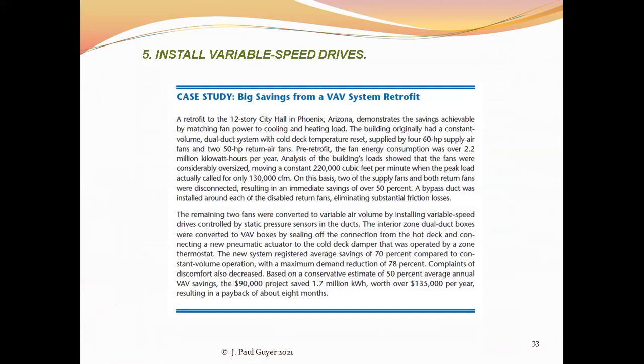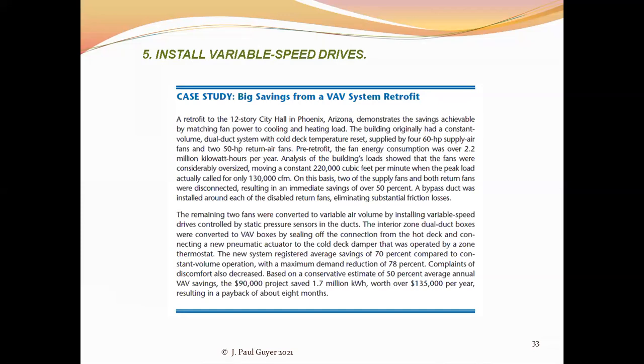The building originally had a constant volume dual duct system with cold deck temperature reset, supplied by 60 horsepower supply air fans and two 50 horsepower return air fans. Before the retrofit, the fan energy consumption was over 2.2 million kilowatt hours per year.